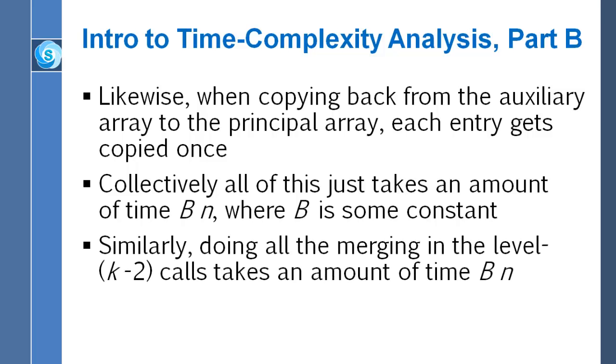But here's the good news. If you can figure that out, the exact same thing can be said of all the level k minus 2 mergings. Every single element in the array gets involved in exactly one of the level k minus 2 mergings. So again, the amount of time spent doing all of the level k minus 2 mergings is b times n.